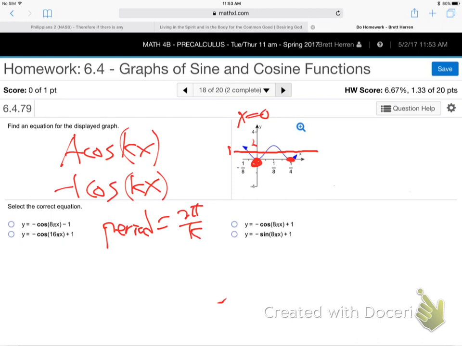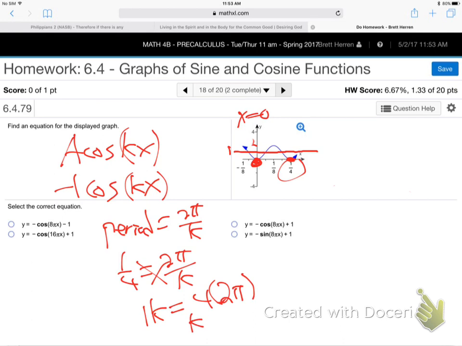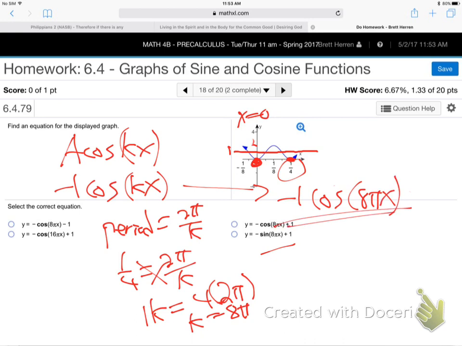What's the period? 1/4 is 2 pi over k, diagonal. 1 times k is 4 times 2 pi. So k is 8 pi. So there it is. It's -1 cosine 8 pi x. There it is. We got it.